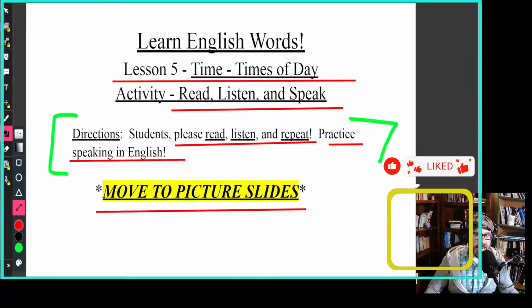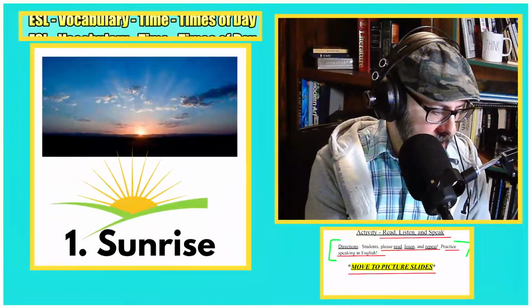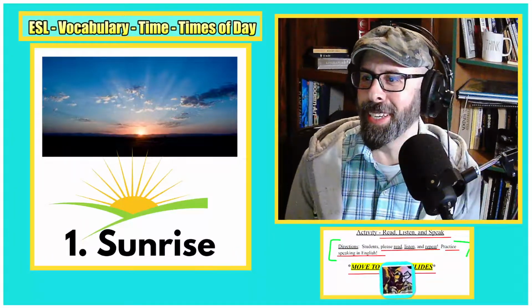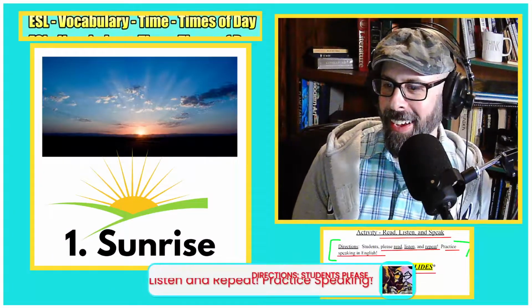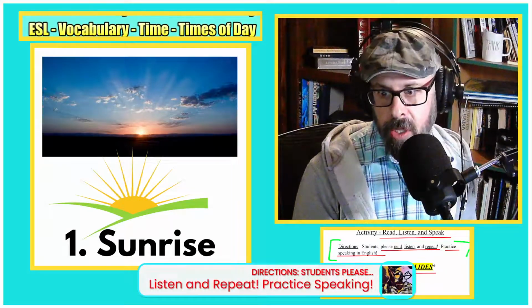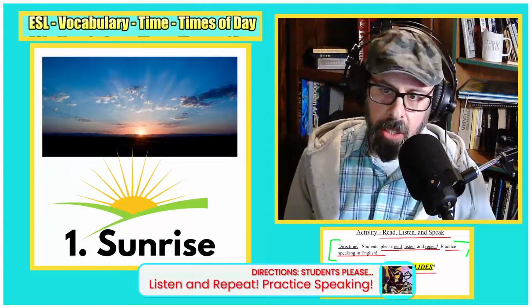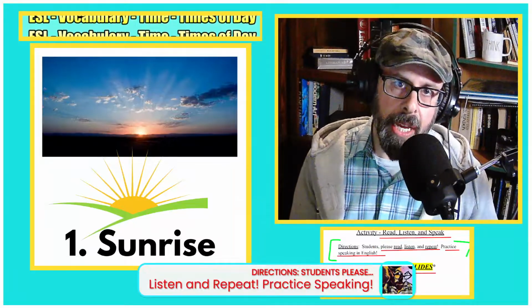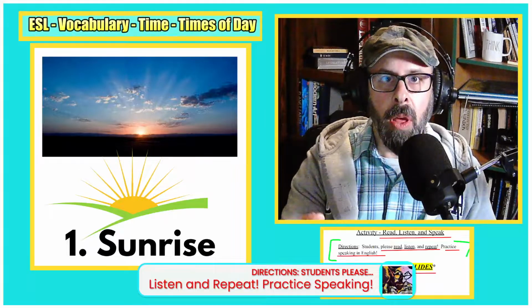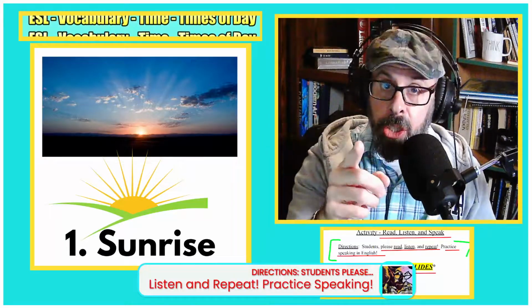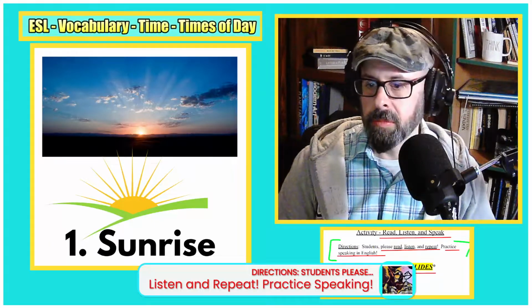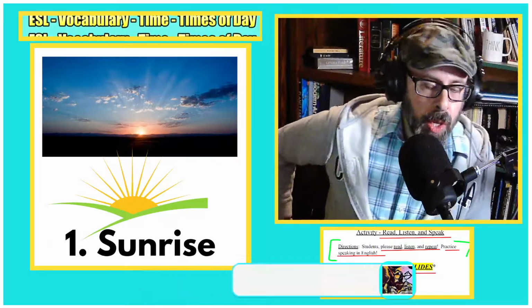Let's go back to our picture slides. Let's see if the directions are correct. Yes, listen and repeat. Practice your speaking. So read the word on the screen, listen to it, and then you say it. Pronounce it.